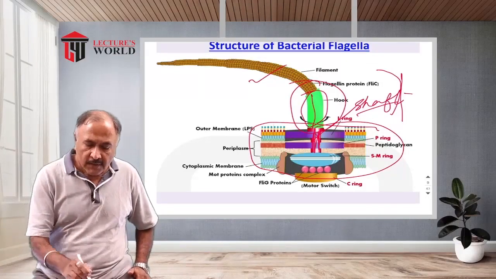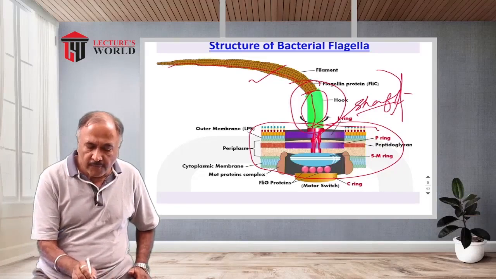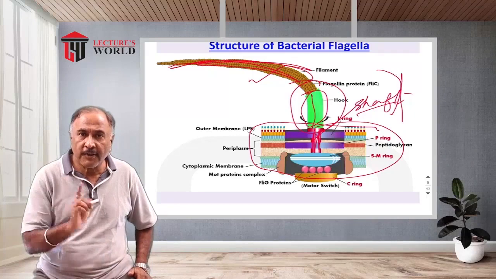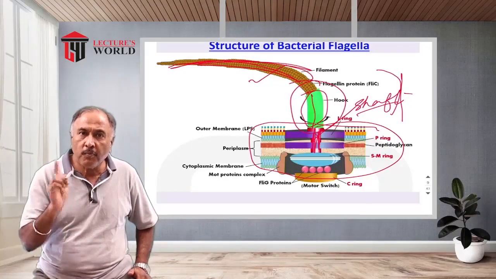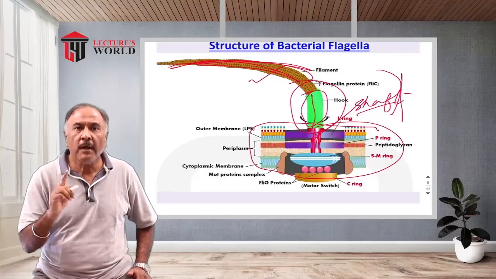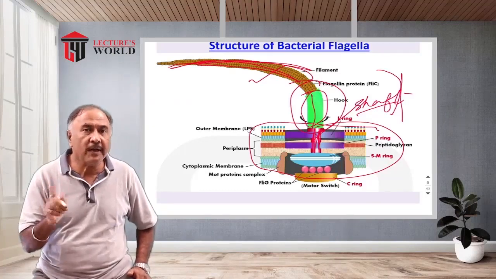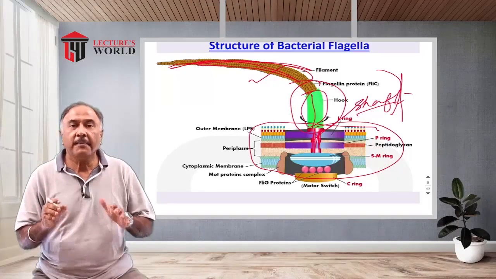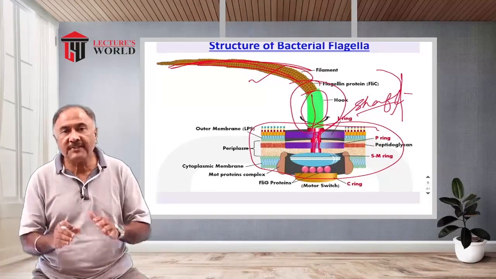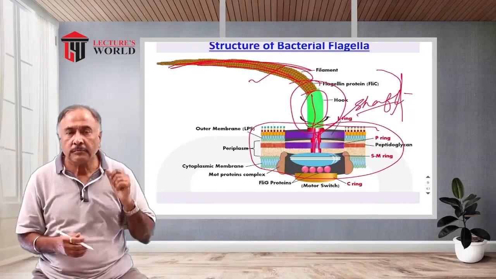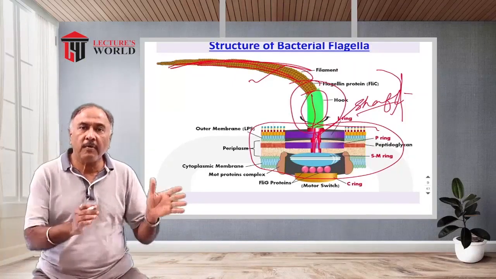As a result, the filament, a part of the flagellum, will also move. It will move in either clockwise or anti-clockwise direction. And as a result, it imparts locomotion to the cell. The cell will move in one particular direction.